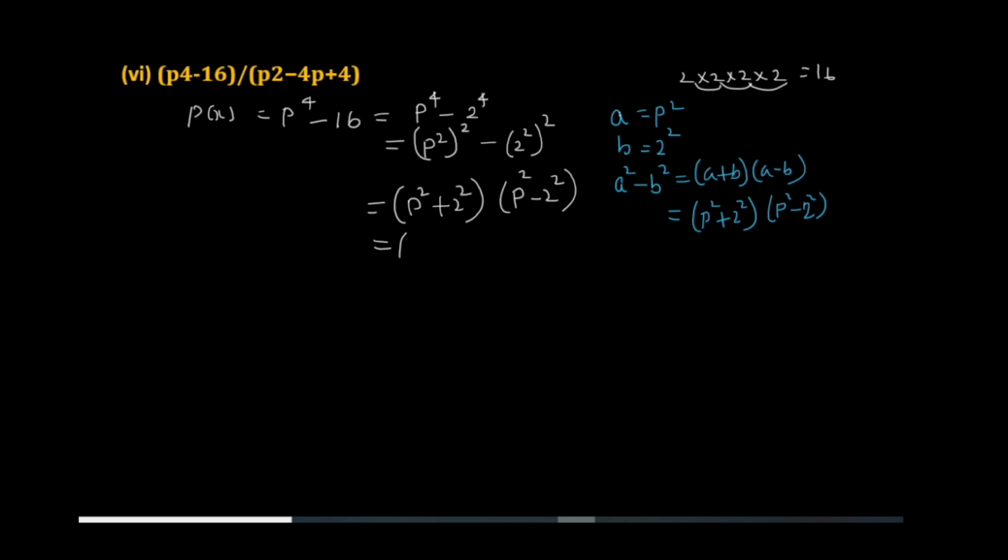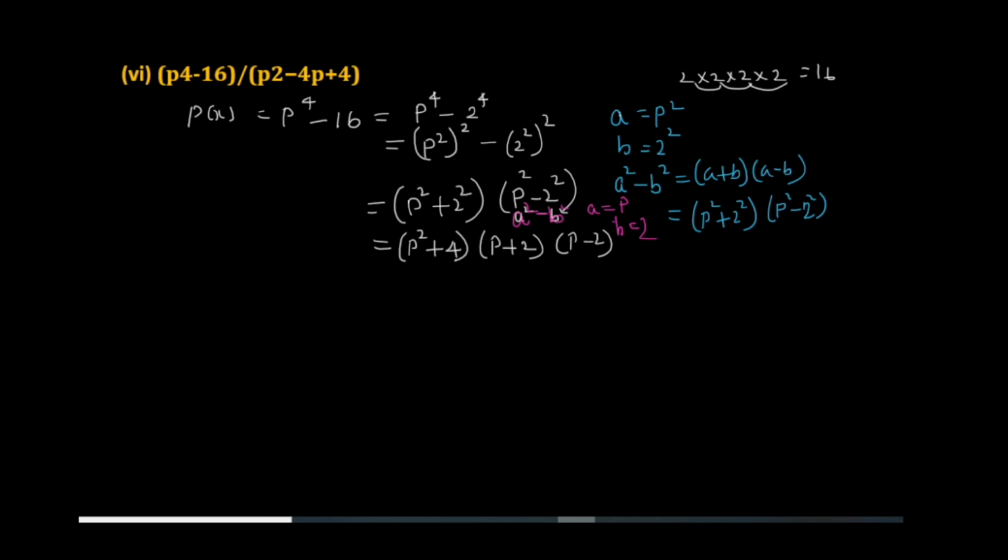For the plus we cannot do anything, so p squared plus 4 you can write. This one is again in a squared minus b squared format. It can be split as a plus b, p plus 2 and p minus 2, because here our a is p and b is 2.